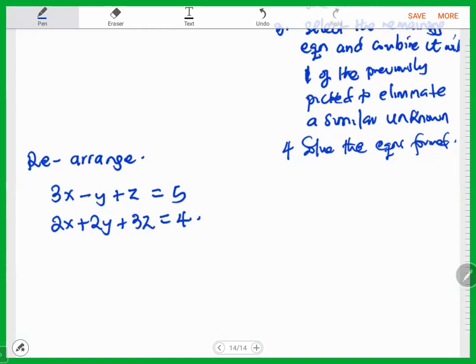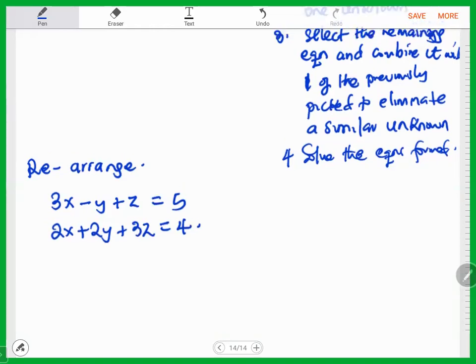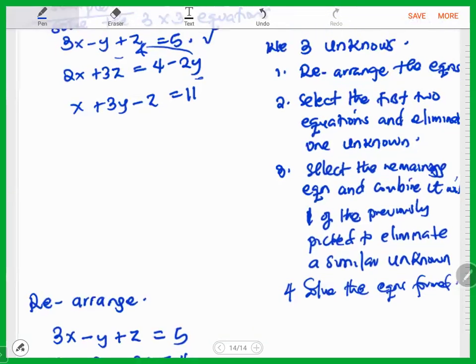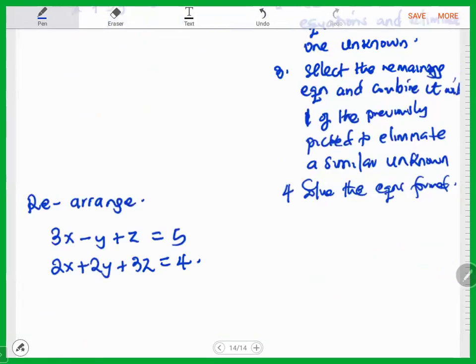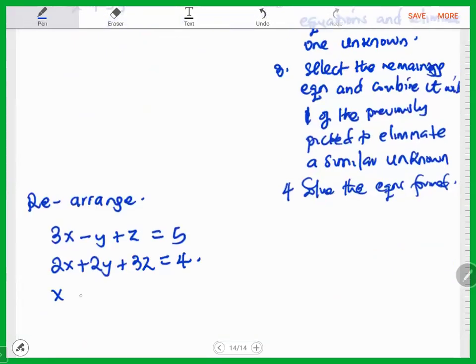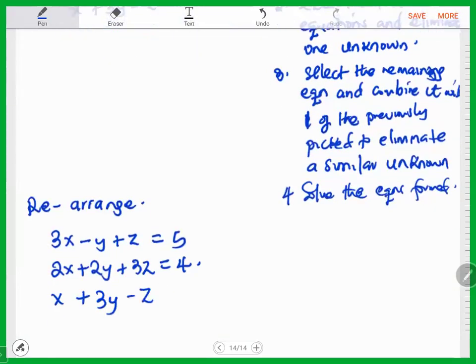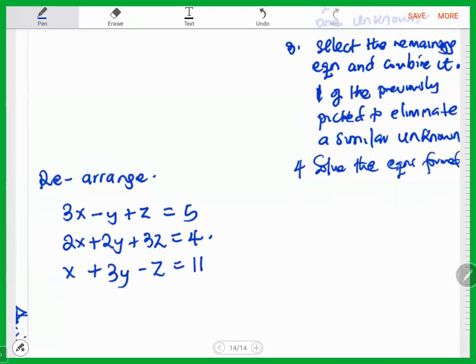And lastly, I have x plus 3y minus z is equal to 11. I have rearranged those equations, and therefore I'm going to solve them.